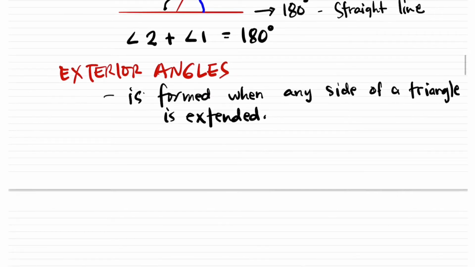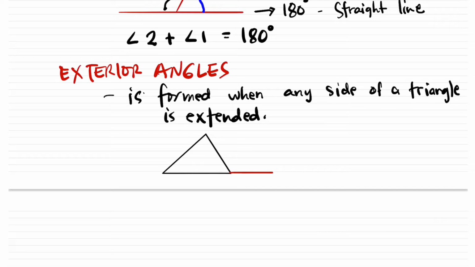So for example, I have here a triangle. These are the sides of a triangle. Then this side here, I'm going to extend it.